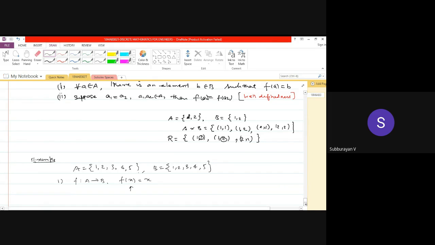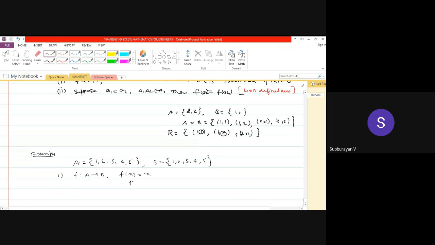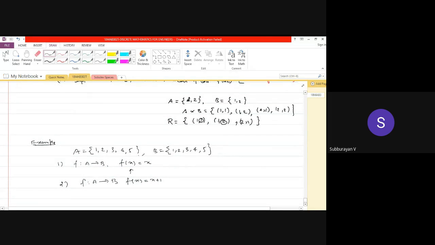Let me ask another question. Suppose the second one, f from A to B defined by f(x) equals x plus 1. Is it a function or not? No, sir. Why? For the element 5, there is no image.